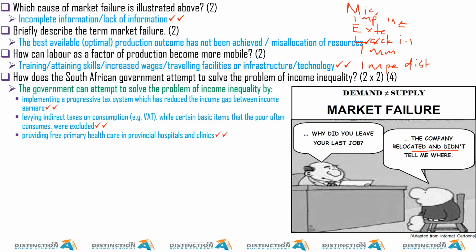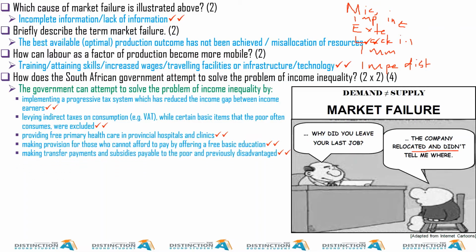Another one is levying indirect taxes on consumption, while certain basic items that the poor often consume were excluded. Providing free primary health care in provincial hospitals and clinics. Making provision for those who cannot afford to pay by offering a free basic education.